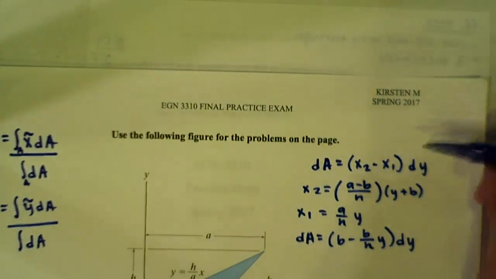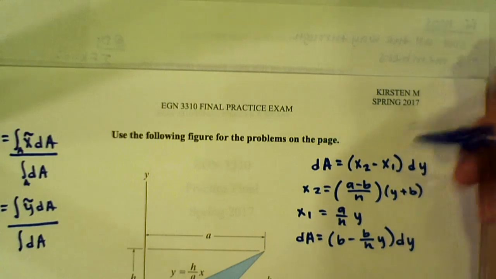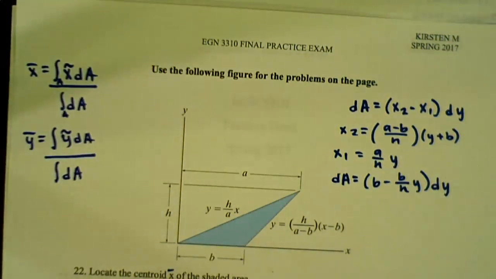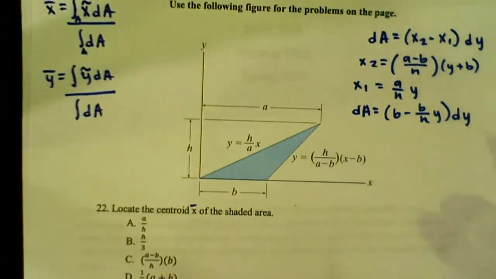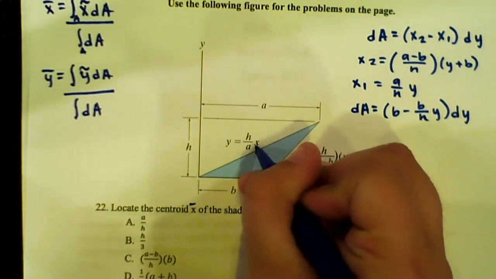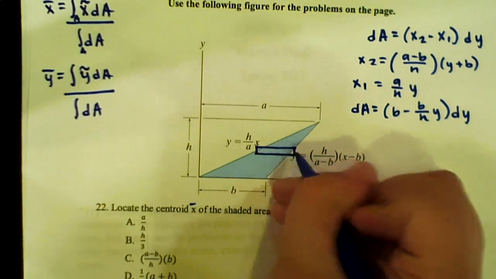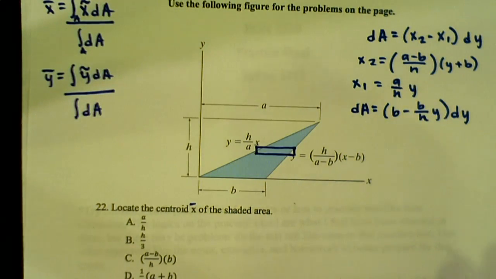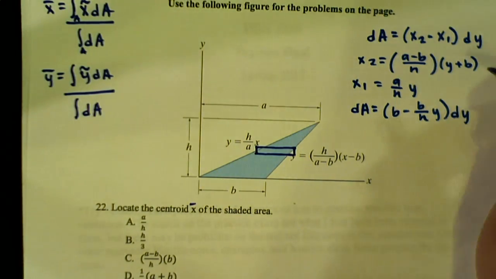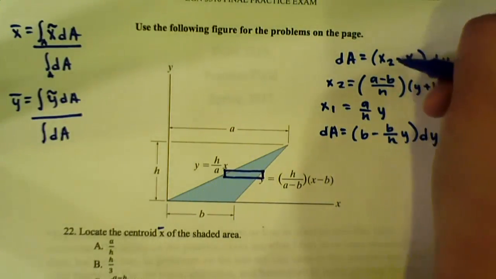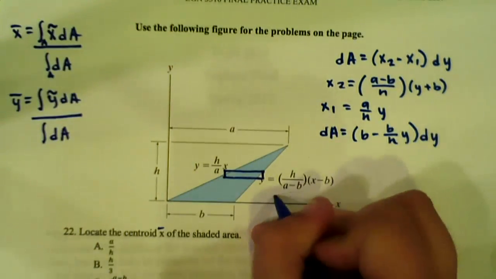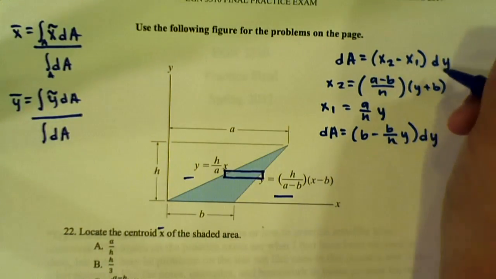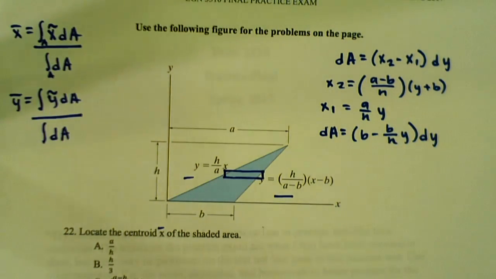For dA, I did x2 minus x1 because you're trying to find the area. If you imagine a little sliver here, it's like base times height. Your base would be x2 minus x1, because it's pretty much this side minus this side. And then your dy would be the height.